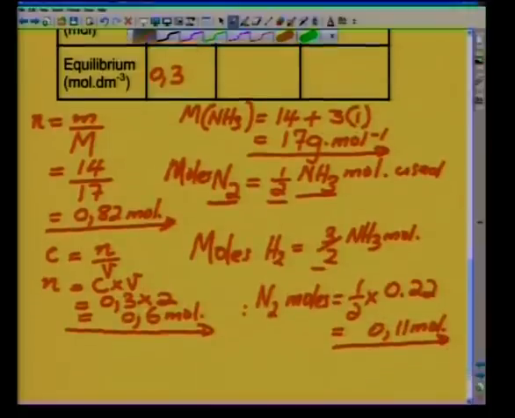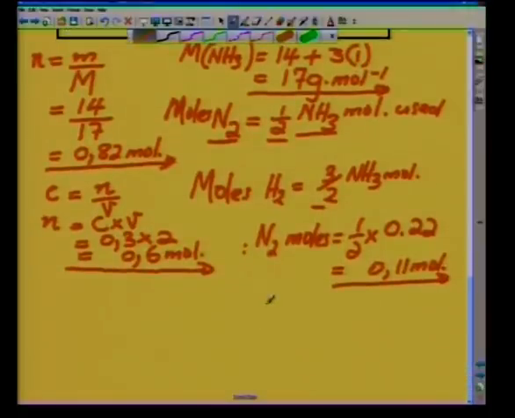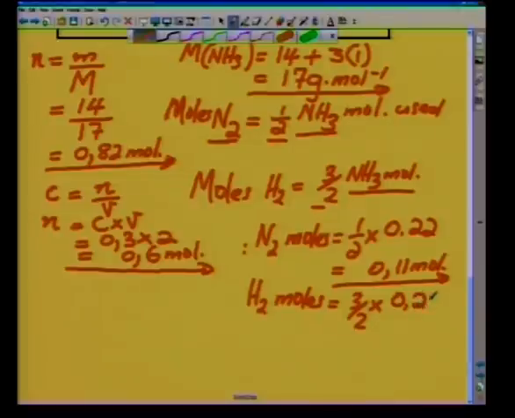Quickly, what will be the number of moles of hydrogen formed or produced? The number of moles of hydrogen formed will be 3 over 2 of the NH3 moles. What is the NH3 moles? It's multiplied by 0.22. When you work this out, you might need a calculator, but let's quickly look at it. 3 times 0.22 is 0.66, and divided by 2, it's 0.33.